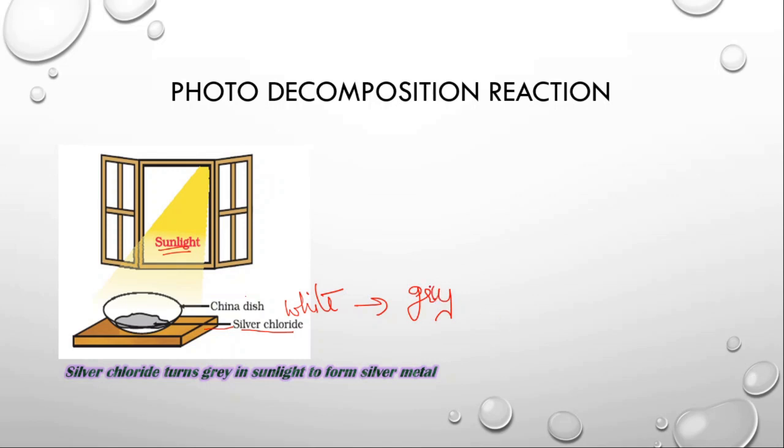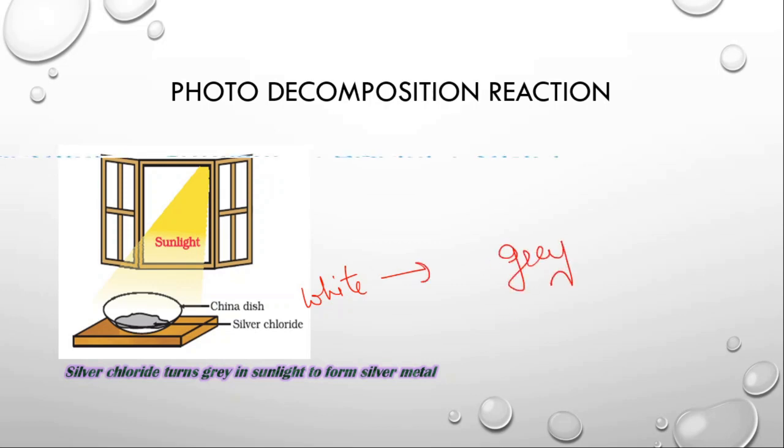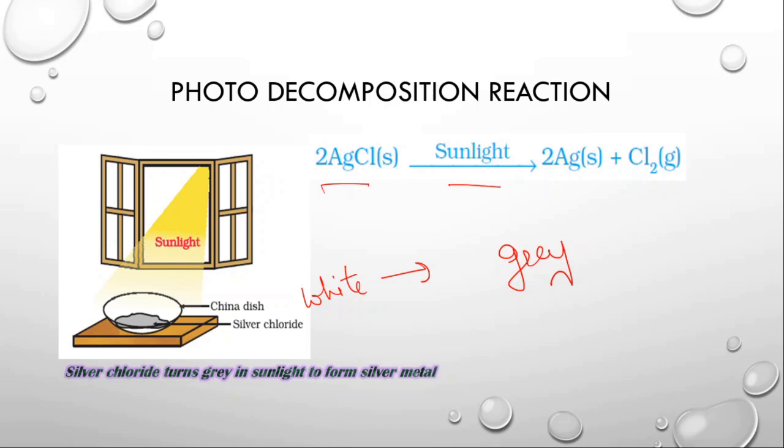Let me write it again. So this initially white silver chloride gets converted into the gray color of Ag. This is the chemical reaction: AgCl in the presence of sunlight converts into grayish Ag and chlorine gas.